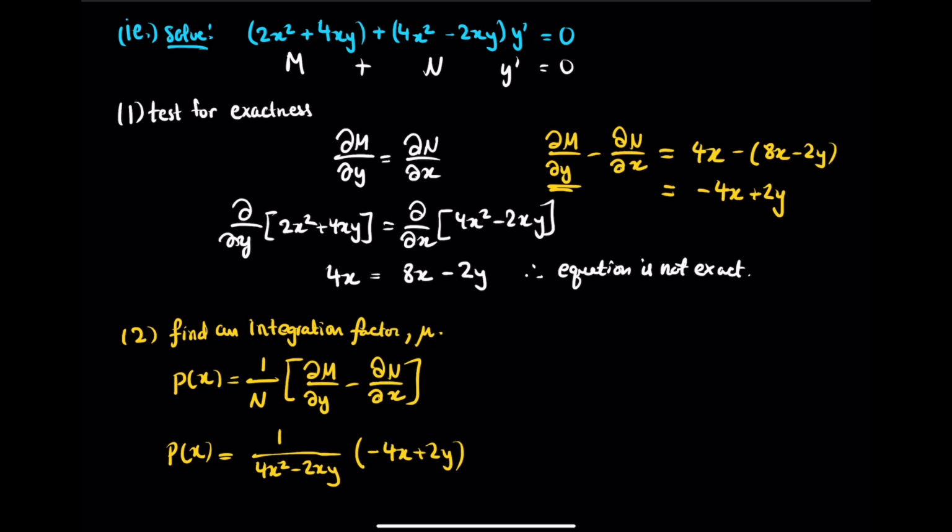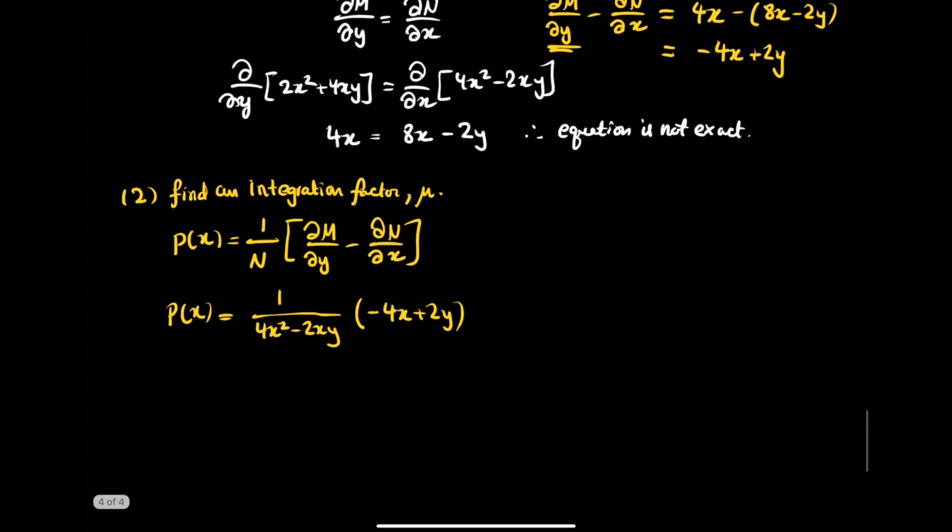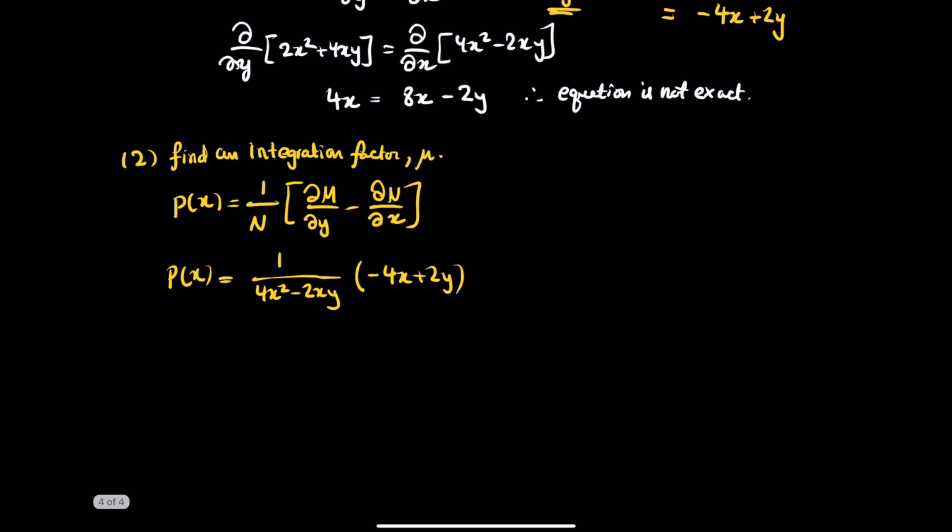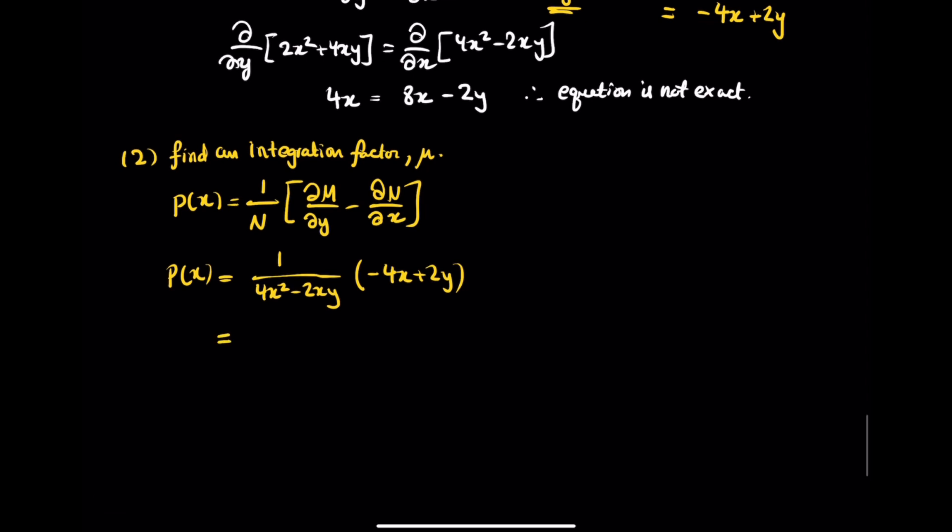So then, let's see. Well, we could try bringing the x out in the denominator. So let's try that. So 2y minus 4x. I'm just going to write this as one fraction. I'm going to bring the x out and bring the x out. And then this is 4x minus 2y.